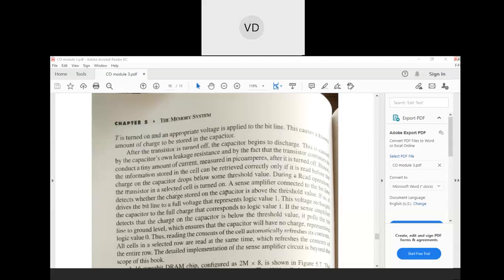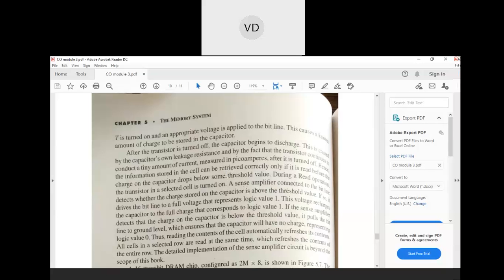See, during a read operation, as you can see here, the charge on the capacitor drops below the threshold value. For that we have a sense amplifier circuit. What it will do is find out whether the charge on the capacitor is above the threshold level or below the threshold.